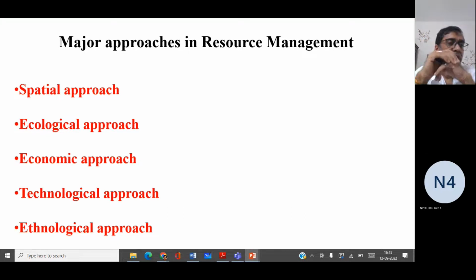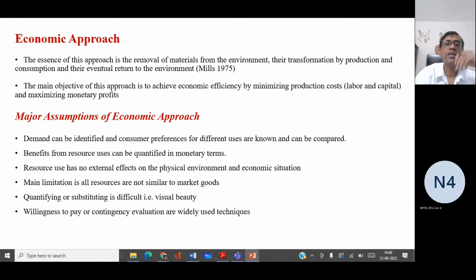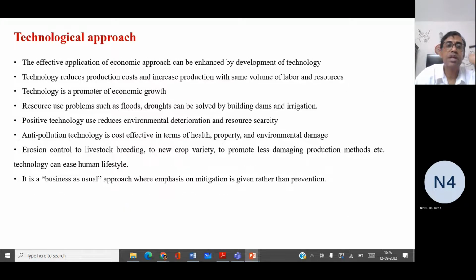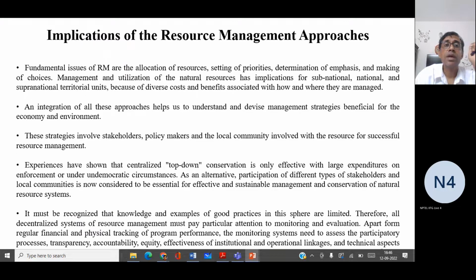For them, I think this particular aspect is very important, especially the various approaches in resource management, like spatial approach, ecological, economic, technological, and ethnological. And if you recall, we discussed all these approaches in great detail. So I hope that you have studied this part also, because these are all important sections for your final exams.